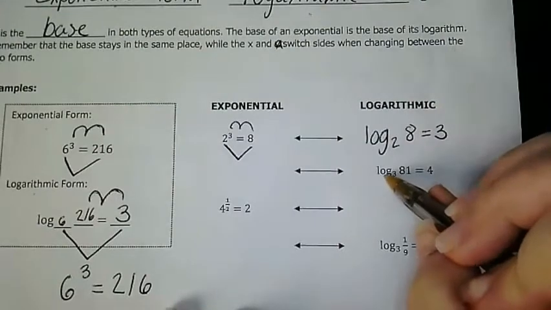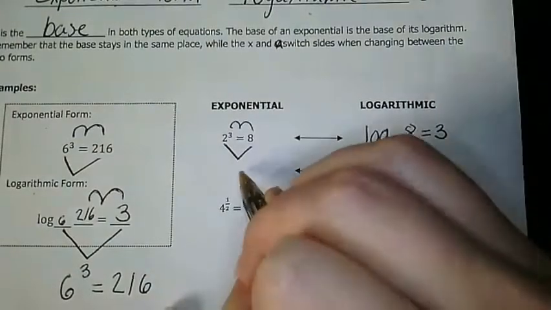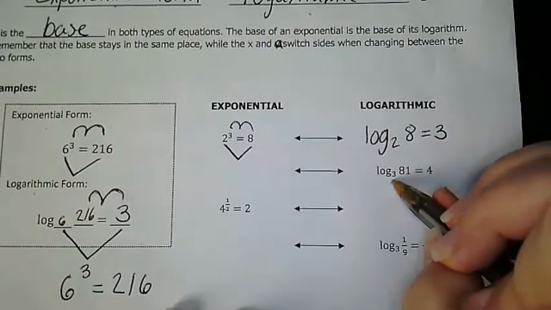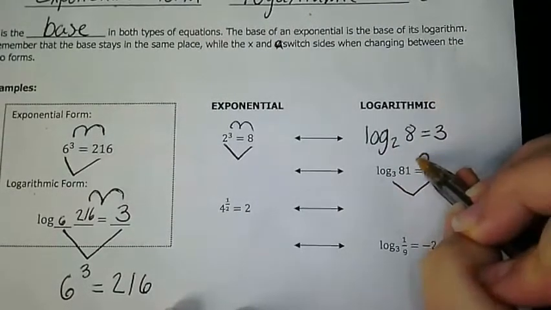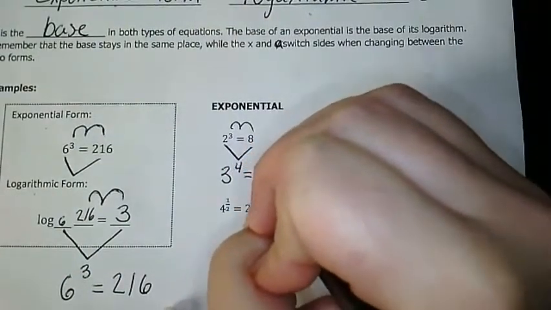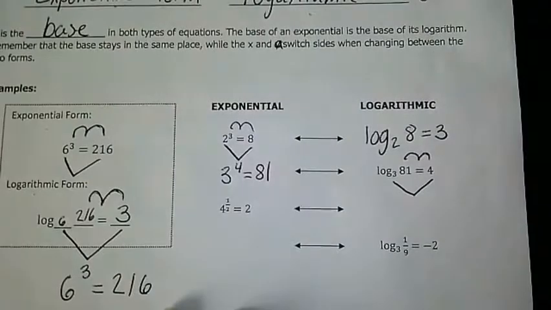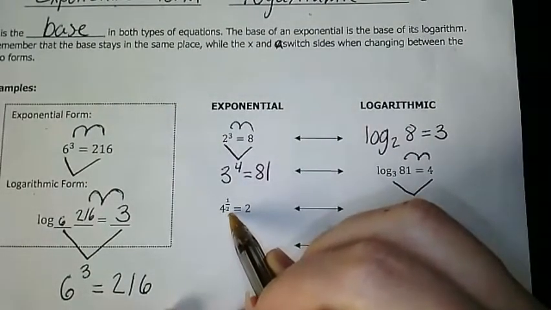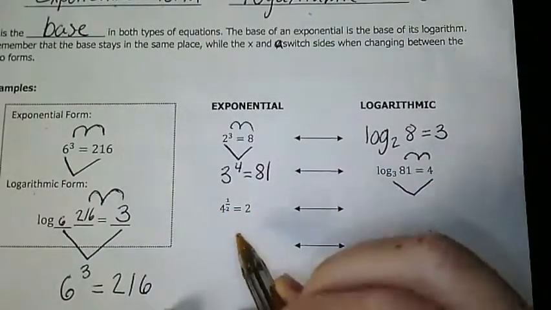For the next problem, we have a logarithm. We want to change it to an exponential form. So 3 raised to the power of 4 is equal to 81. In the next problem, we see that the exponent is a fraction, but don't let that trip you up. We treat it the same.